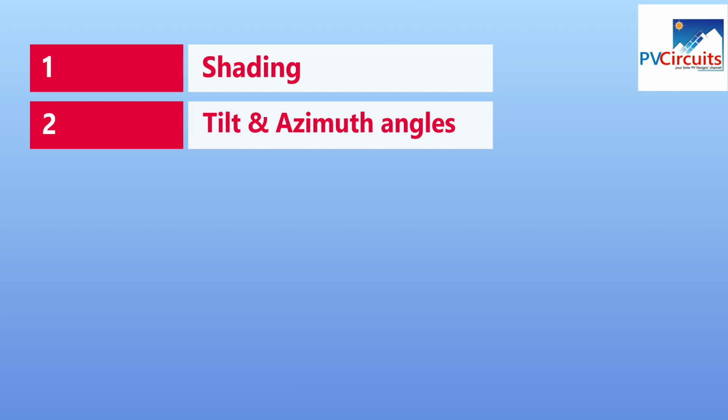This will dictate how much energy you get falling onto the module, so if you are designing a new module mounting system, then you have to set the tilt angle correctly and ensure that the azimuth is also measured with a compass or mobile app so that you get the right angles.